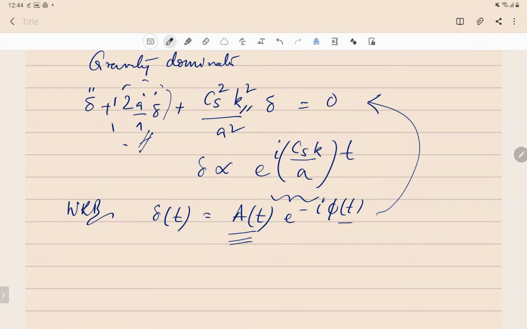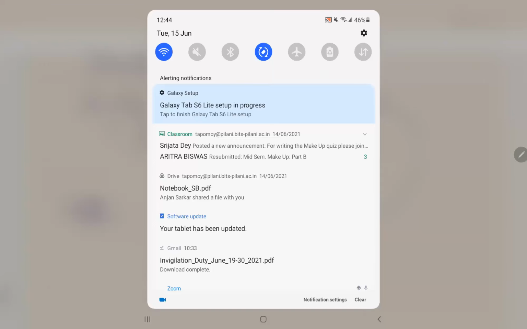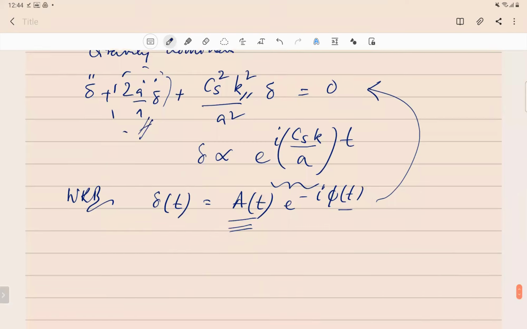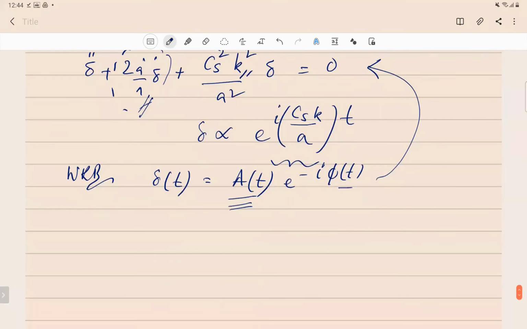If you do that, you have to differentiate, and I'm not going to go through the details of the algebra.